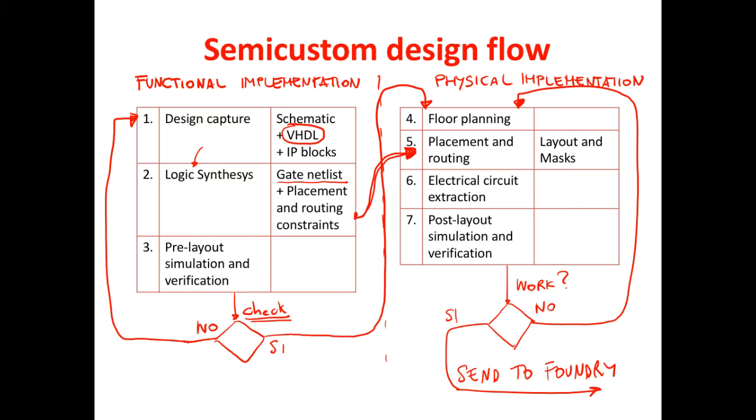At the end of this phase, we do a so-called pre-layout simulation and verification. So this means before doing the layout, when we have only the gate netlist, we perform a simulation at the level of the gate netlist in order to verify that the behavior is the same as the hardware description language based description of the circuit.